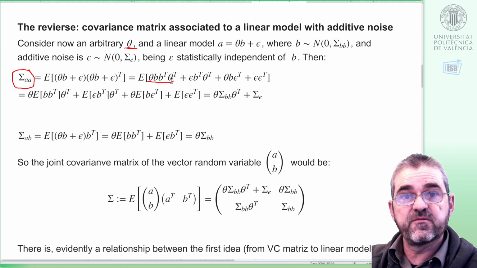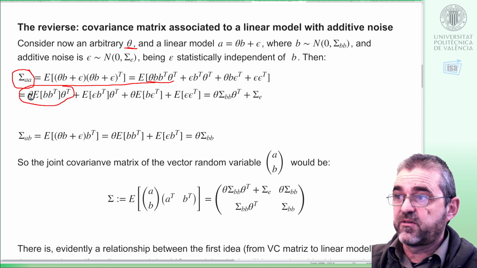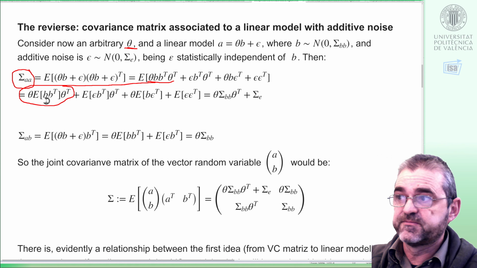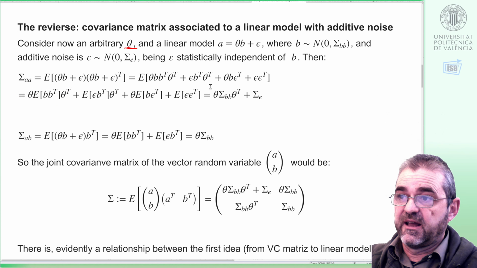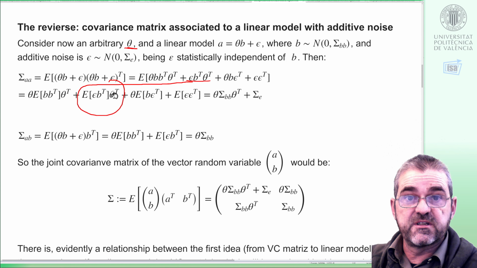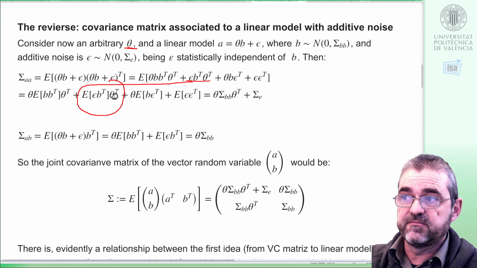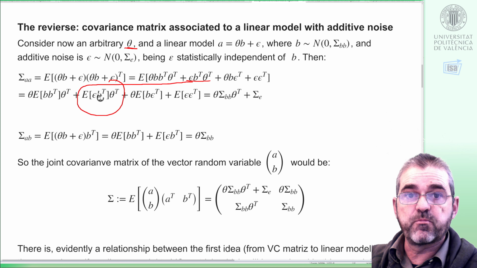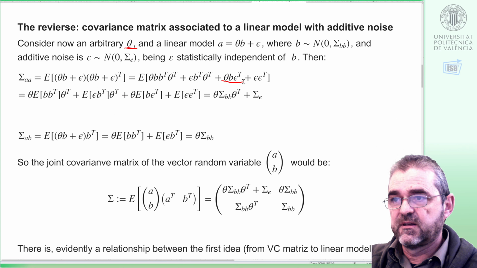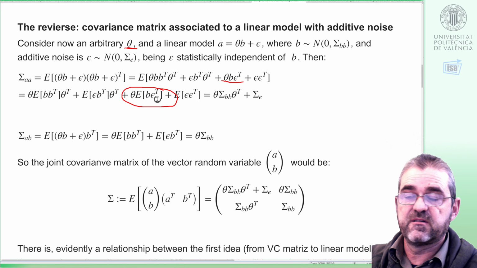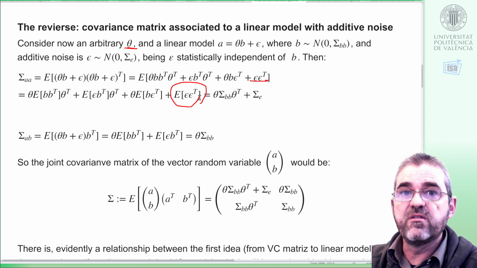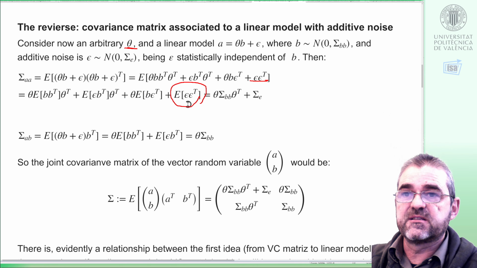So for instance, the expectation of this thing is theta on the left, theta transposed on the right, and the expectation of the random variables, B B transposed. Likewise, the expectation of this is this: theta, which is a known deterministic thing, gets out of the expectation, and I get the product of random variables epsilon and B inside the expectation. Same here. And last, the expectation of this thing. There is no theta to take out, so this is it.